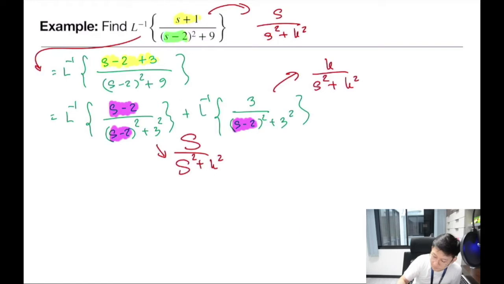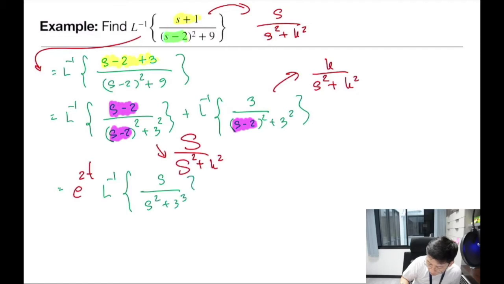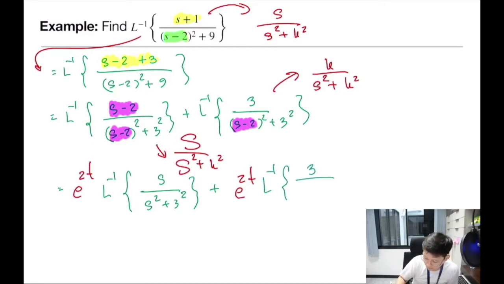After the shift, you get e to the 2t, because s minus a gives e to the at, so s minus 2 gives e to the 2t. So e to the 2t, L inverse of s divided by s squared plus 3 squared. You shift it back, and here you get e to the 2t as well, and L inverse of 3 divided by s squared plus 3 squared.